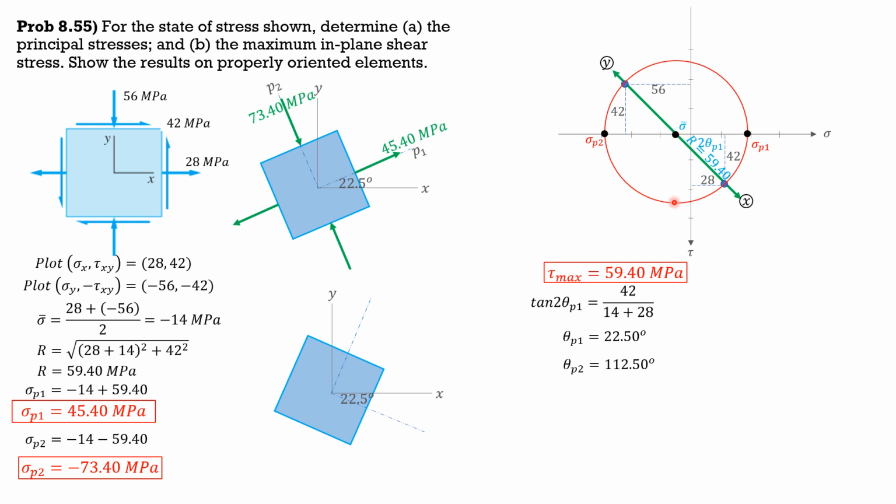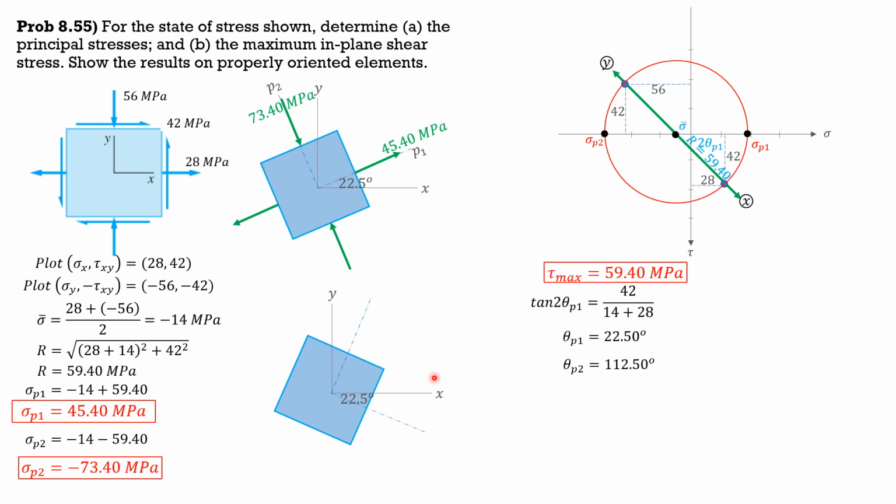To locate this axis here where maximum in-plane shear stress occurs, we rotate on the Mohr circle clockwise 90 degrees, but their actual angular spacing is 45 degrees, half of 90 degrees. So from here clockwise 45 degrees, so this is 22.5 degrees.